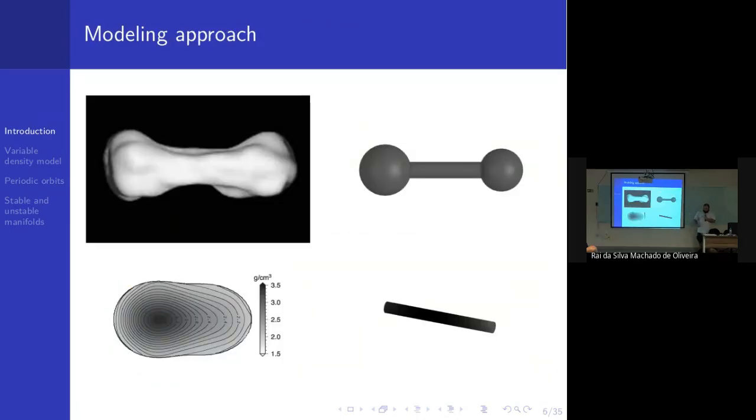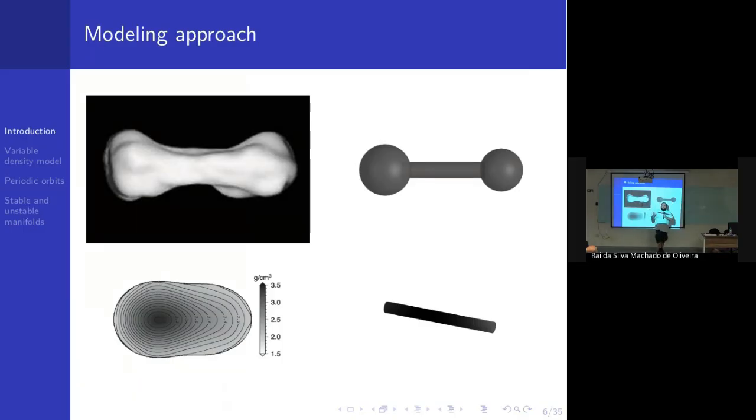The question now is, how do we model or simplify the model for an elongated asteroid? One approach is to look at the geometry of the asteroid. For example, Cleopatra has this neck and two lobes at the ends, right?